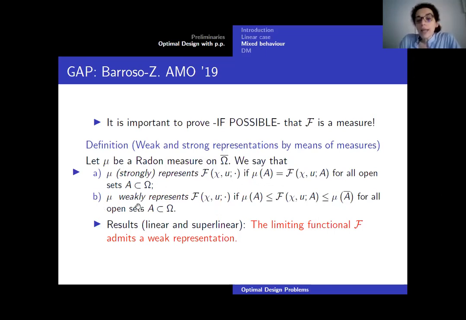Or that F can be just weakly represented, so essentially it lies in between the measure mu and the measure mu evaluated in the closure of A. So essentially, there might be concentration phenomena on the boundary of these open sets.